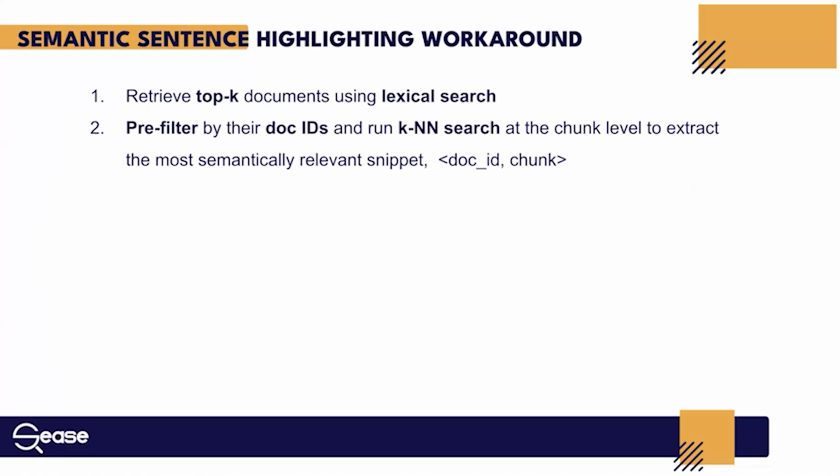Let's say you have 10 or 20 pages in your first results. Then simultaneously, for each document ID, we run the KNN search at the chunk level, to return the best relevant snippet or chunk.